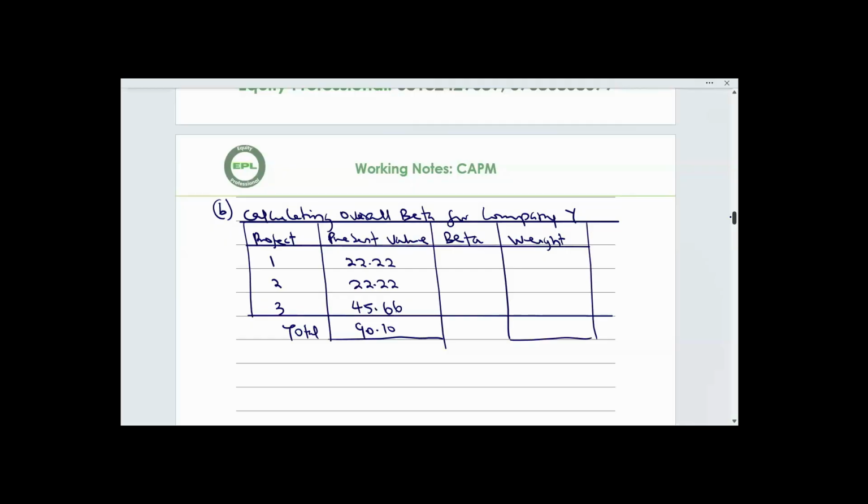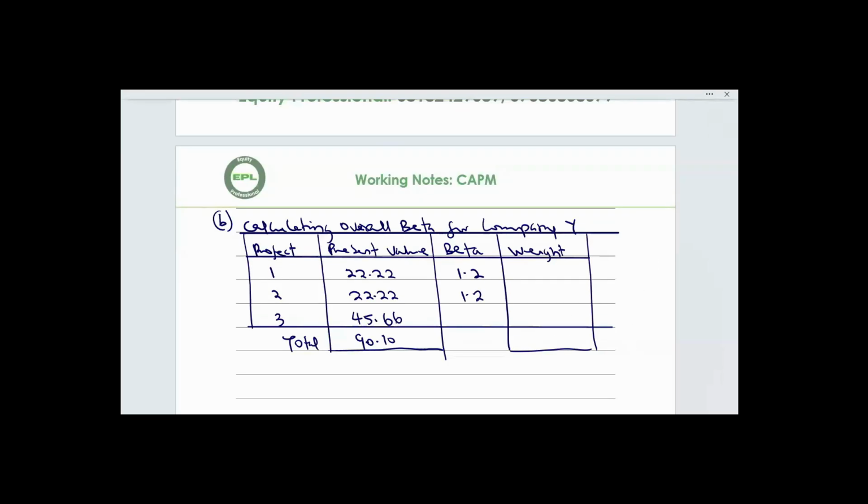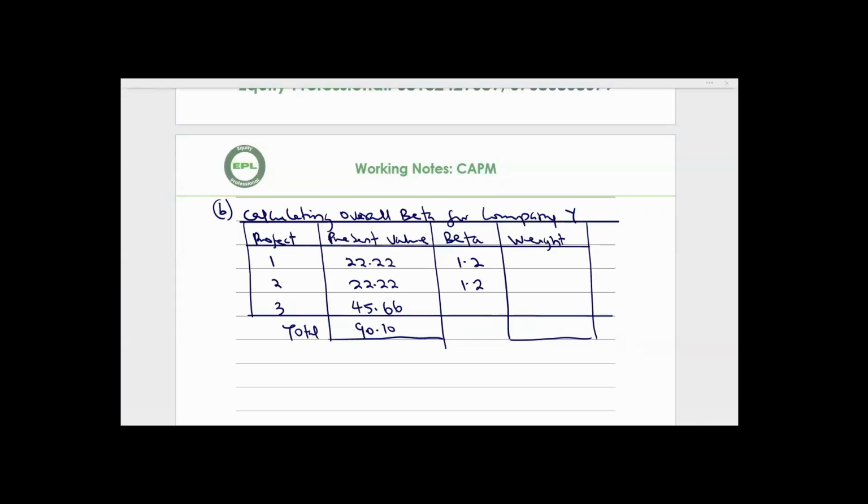So the beta factor of project 1 is 1.5, project 2 is 1.5, and then project 3 is 0.9. So to now get the weights, you need to multiply the present value with the beta factor.